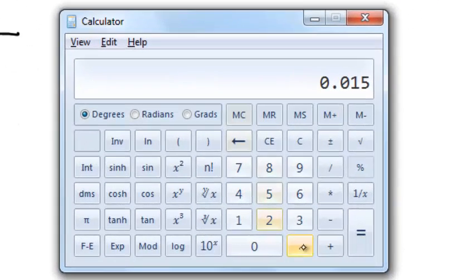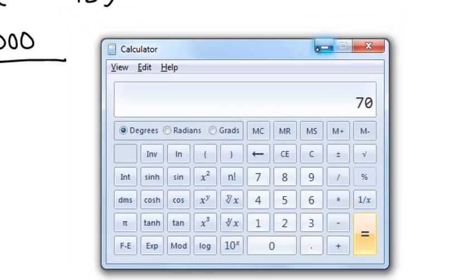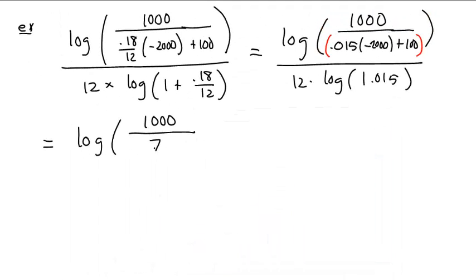We have multiplication and addition: 0.015 times negative 2,000 is negative 30, plus 100, we can do that in our head, 70. So we get 1,000 over 70, all over 12 times the log of 1.015.